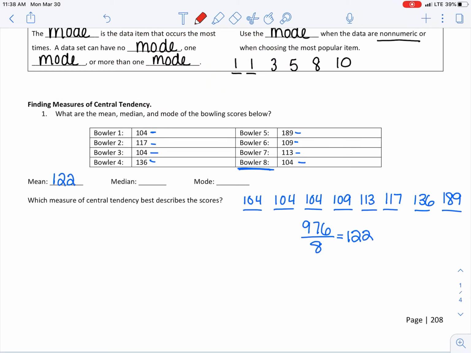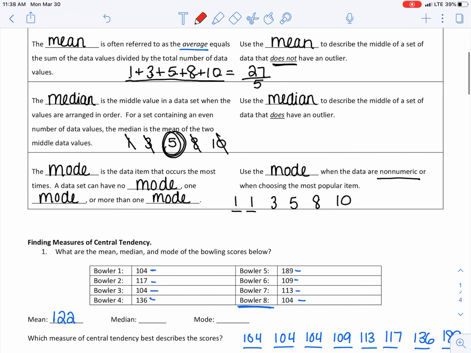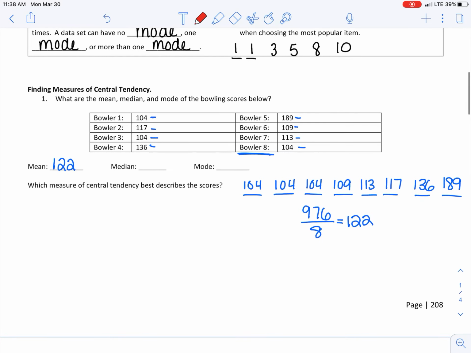Now we want to go to median. If we look back at our definition, median is the middle value in a data set. So we're going to cross off one from the least side, one from the greatest side, one from the least side, one from the greatest side, and keep doing that until we find our middle values. Now, the problem here is we have 2 middle values.